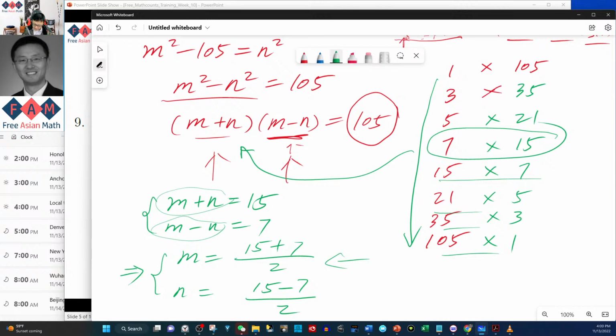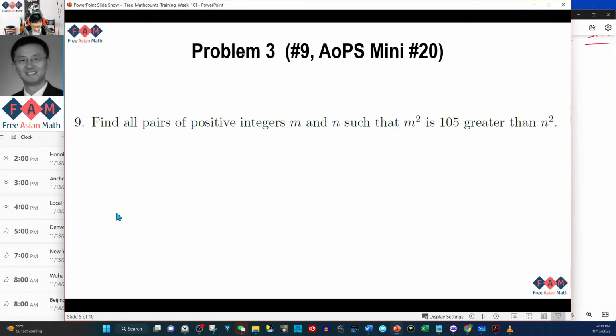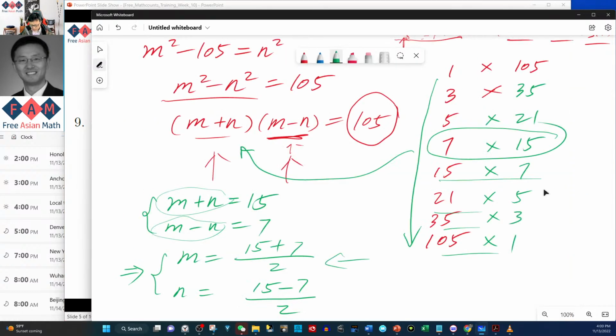However, you have to be a little bit careful. Depending on how the problem is asking, you will have to consider, say, 7 times 15 and 15 times 7.